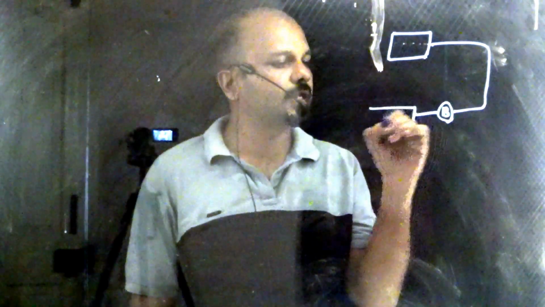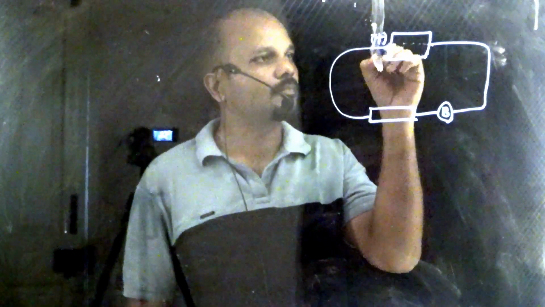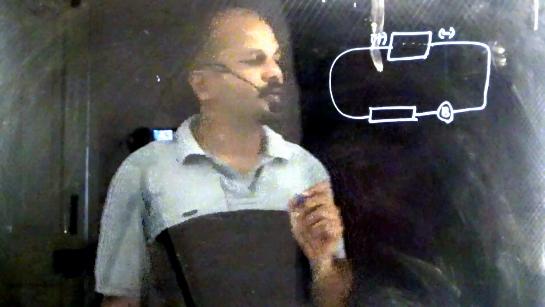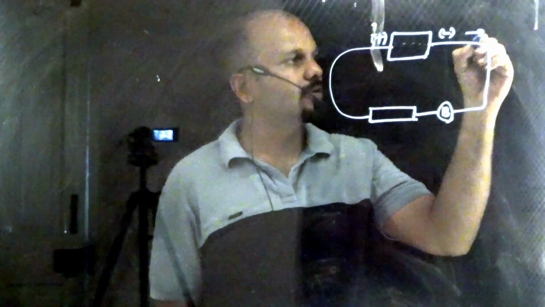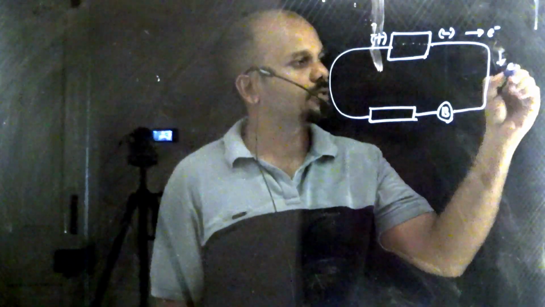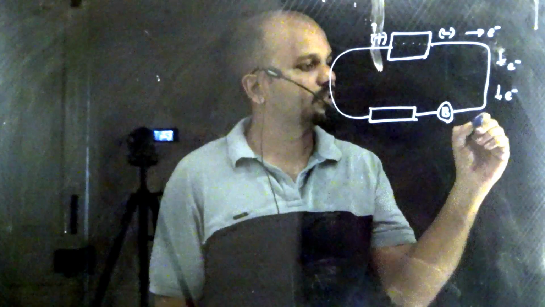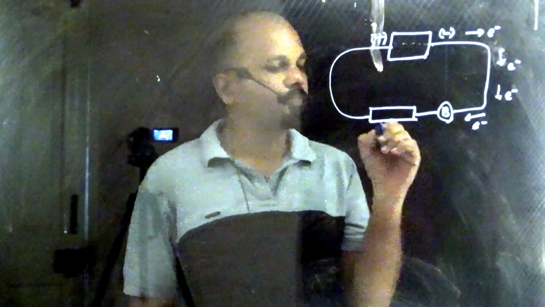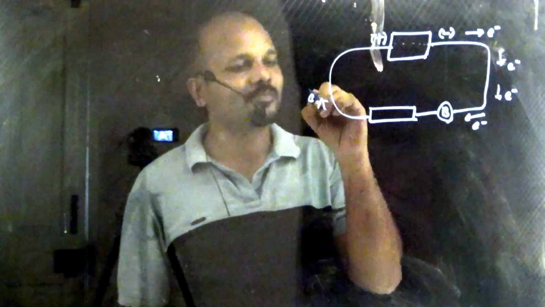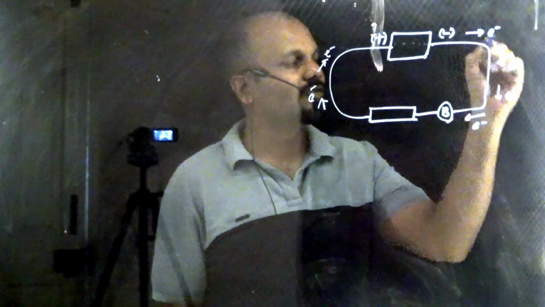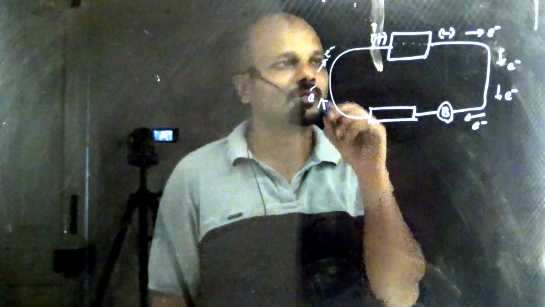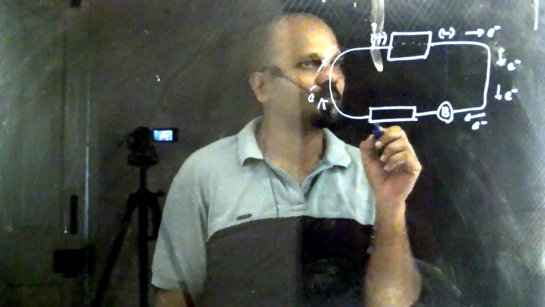So this is an electric supply. The electrons are going to pass through the bulb. The electron flow starts from the negative terminal and ends in the positive terminal.